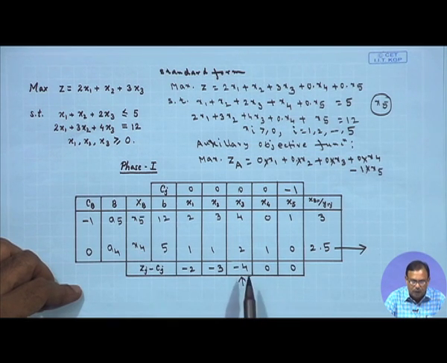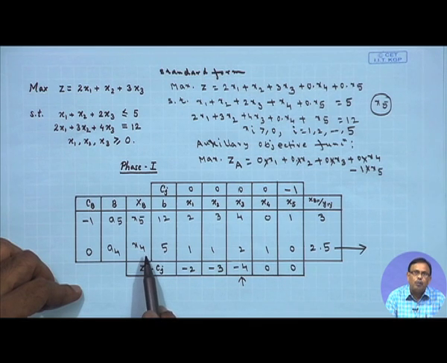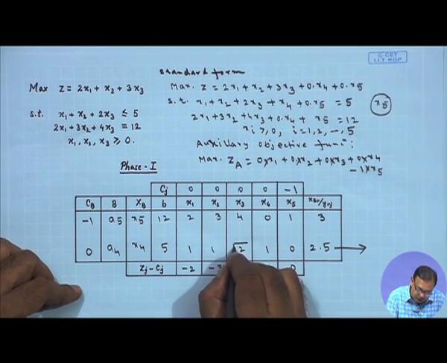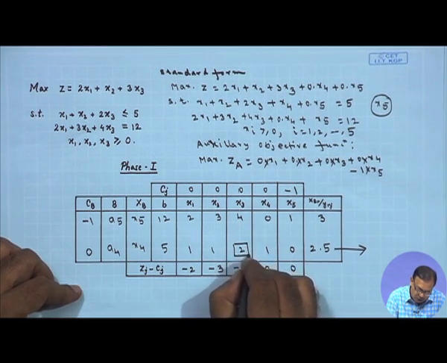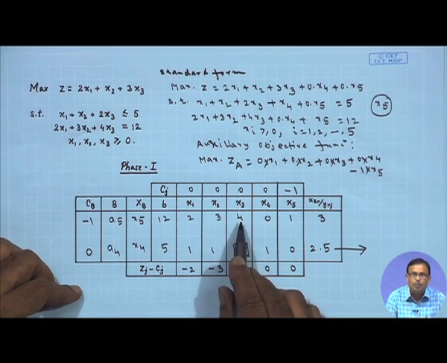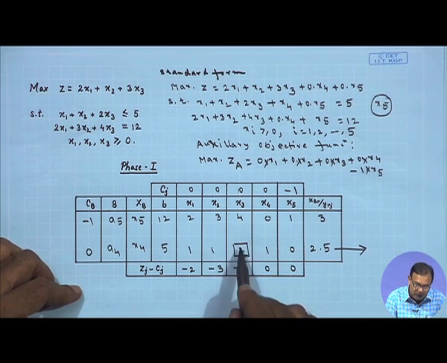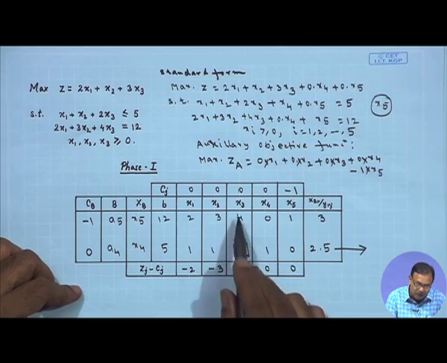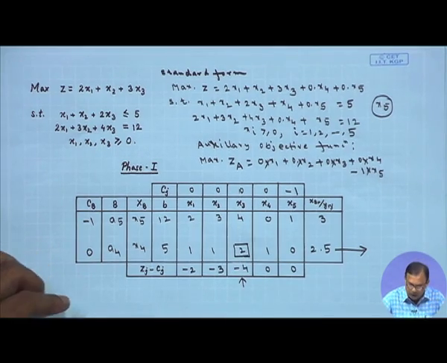So, in this particular iteration, your entering vector will be x3 and it will replace the outgoing vector x4, and your pivot element is the intersection of this row and column. That means I have to make this element 1 and all other elements of this column 0, as usual.